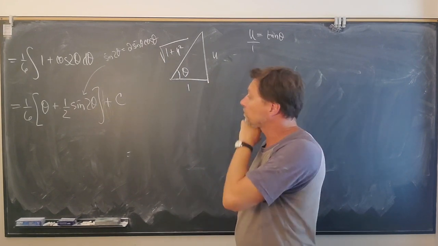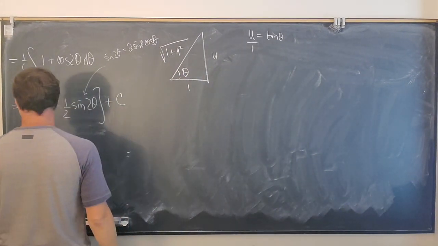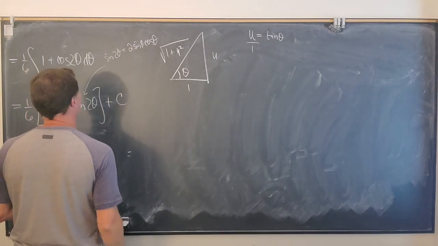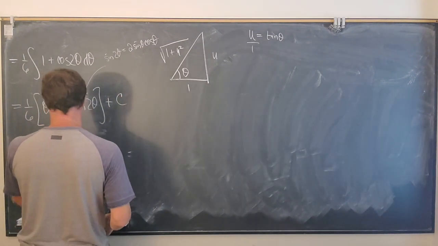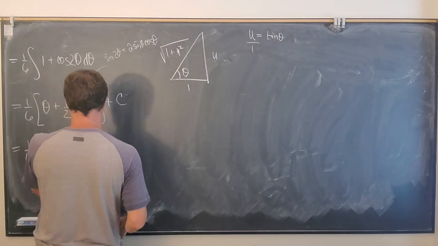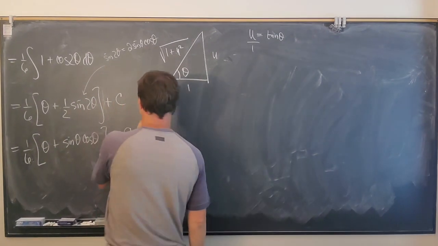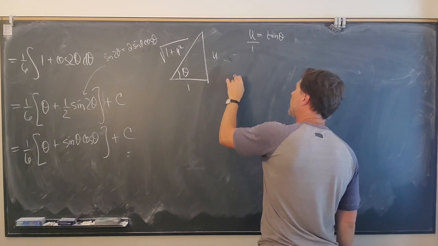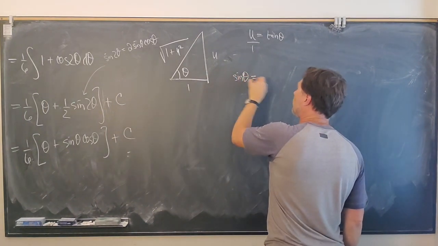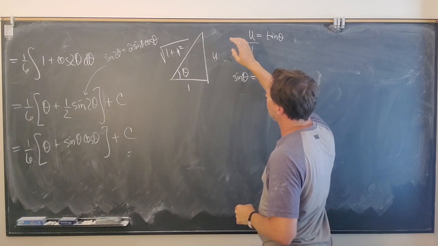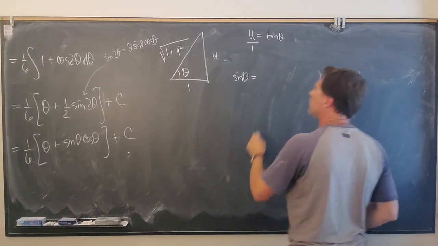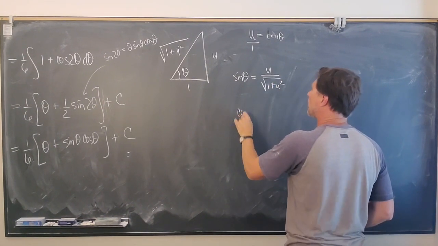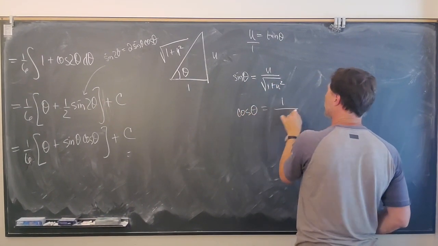So this becomes a 1/6 times theta plus sine theta times cosine theta, plus C. From this triangle, sine theta is opposite over hypotenuse, so that will be u over the square root of 1 plus u squared. Cosine theta is adjacent over hypotenuse.